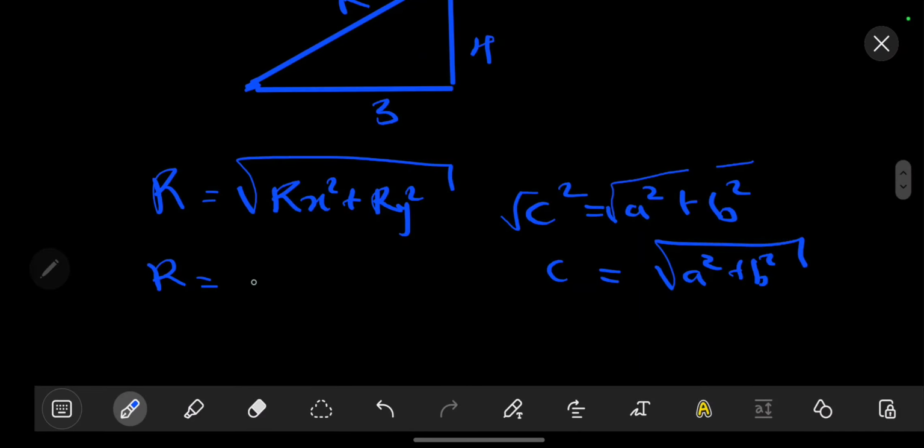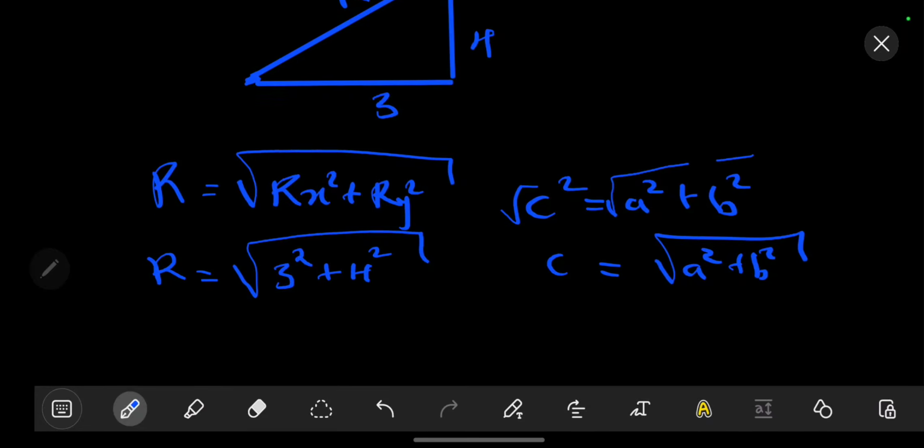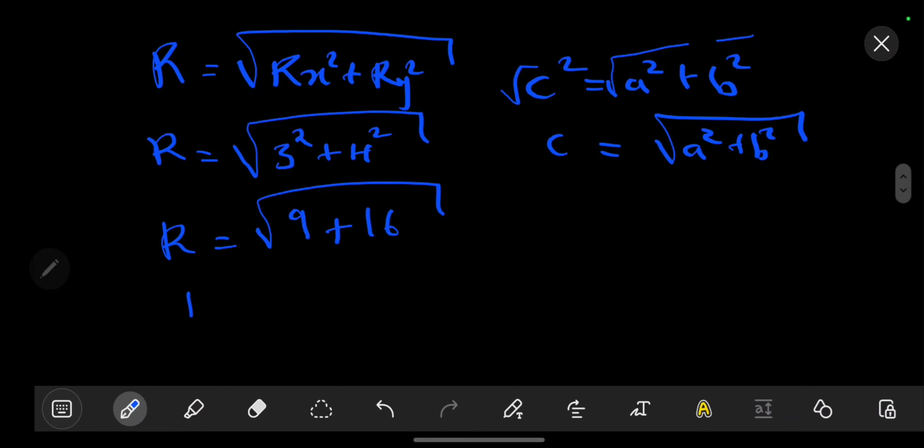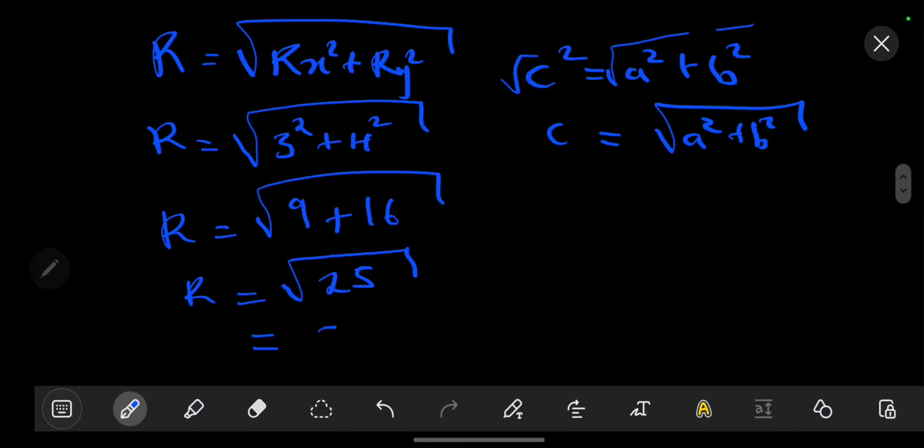Likewise, this will be the square root of rx, the x component, which is 3 squared plus 4 squared. So our r should be equal to 3 squared is 9 plus 4 squared is 16. When we add, 9 plus 16 will give us 25. So the square root of 25 will give us 5. So this is our r.